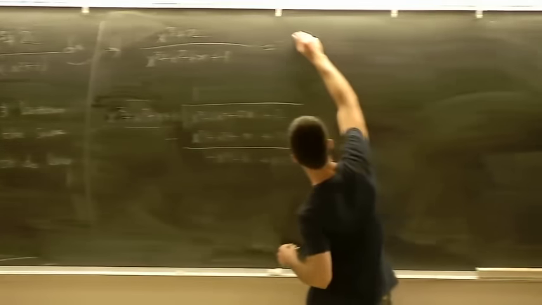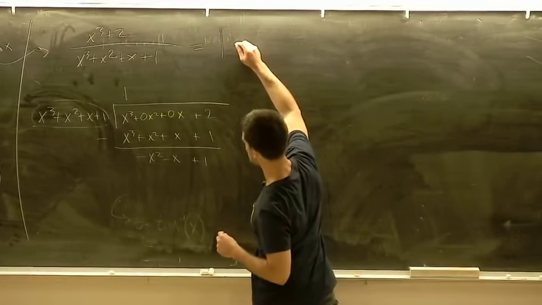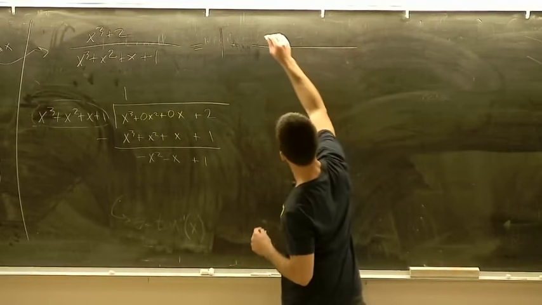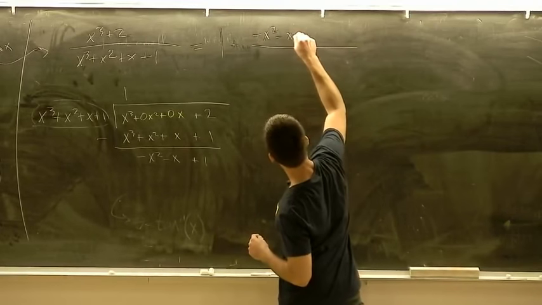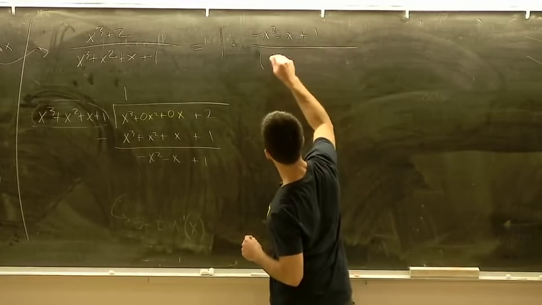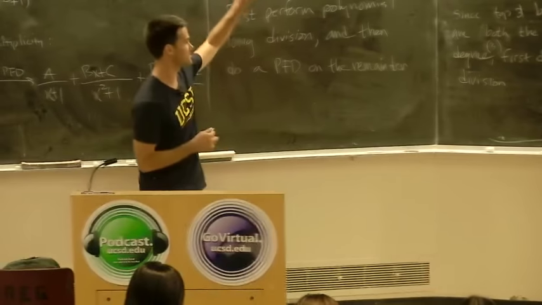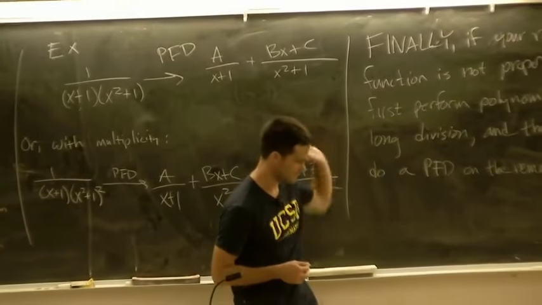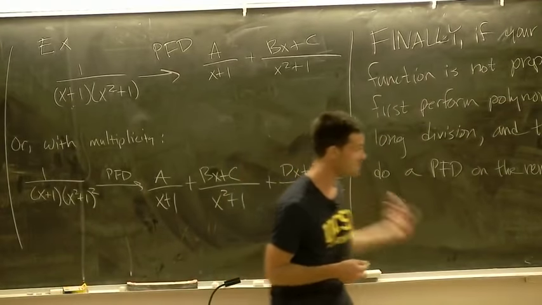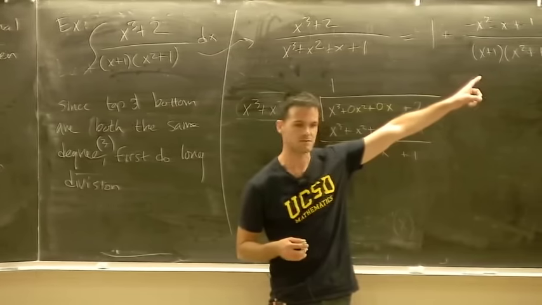So this whole thing is equal to 1 plus minus x squared minus x plus 1 over the denominator. Cool. Okay, so that was an illustration of me doing what I was telling you guys to do right here, which is first do long division. Now, what we're left with is proper.